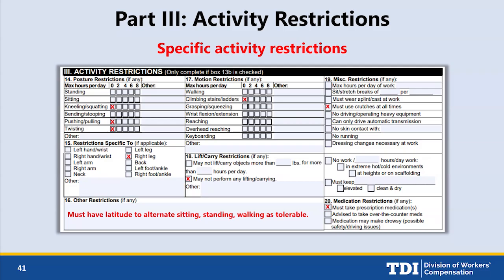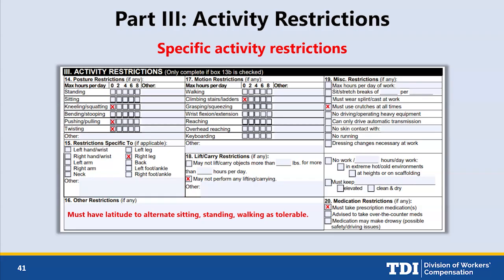Also in section 16, if there's any other communication about what you think this person shouldn't be doing, you can put that there. That's a free text box. And then in box 20 is medications.